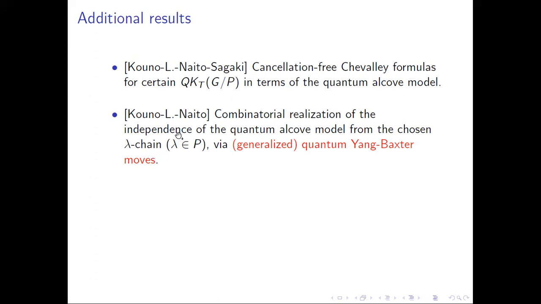And it's interesting that when the weight lambda is dominant, these are actual bijections between the objects of the models for two different lambda chains. And the bijection involves some combinatorial game called generalized quantum Yang-Baxter move, which actually generalizes jeu de taquin for tableaux in type A. And it's interesting that when the weight lambda is arbitrary, then these are no longer bijections, but they are so-called psi-jections, a concept recently introduced in a different context.